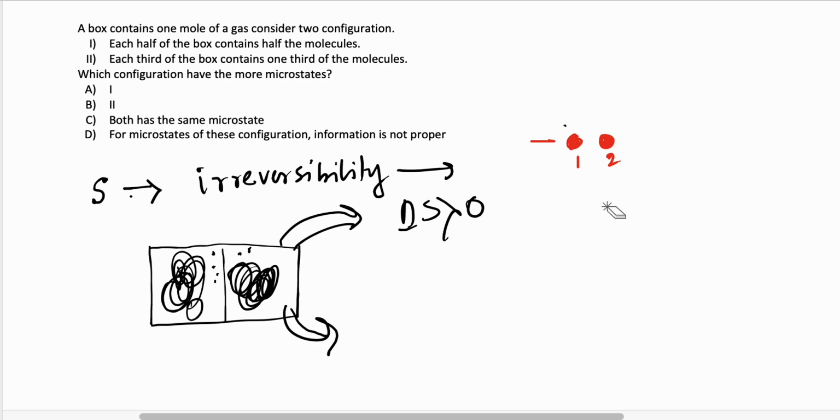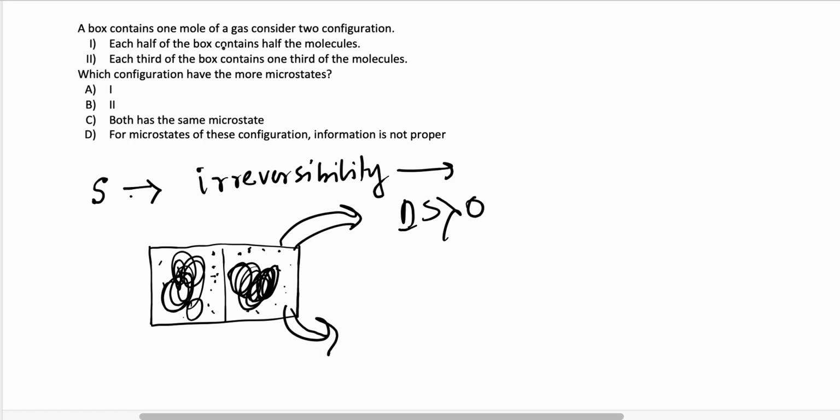He solved this paradox by postulating that these classical gas molecules are identical.